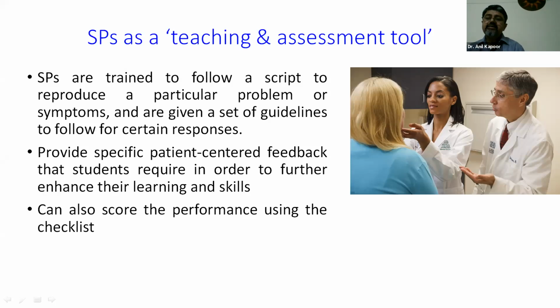If I give this exercise to students 1 or 2 days in advance, saying tomorrow you have to elicit a history of chest pain, one would have pneumonia, another patient would have CAD, ischemic heart disease, another patient may have herpes zoster, another patient may have a psychological problem or anxiety neurosis.